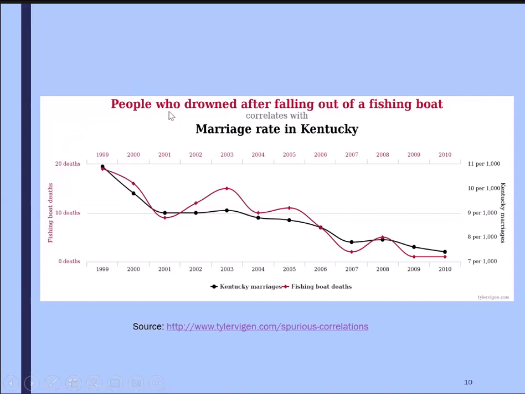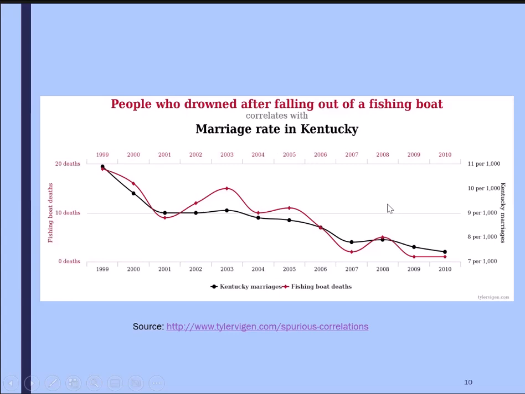Let's look at another example. This one is people who drowned after falling out of a fishing boat, and this correlates with marriage rate in Kentucky. The fishing boat deaths are in red, and the marriage rate in Kentucky is in black. They both seem to be going down, but again, it wouldn't really make sense that one of them causes the other one.